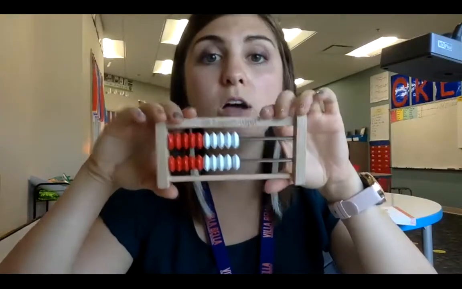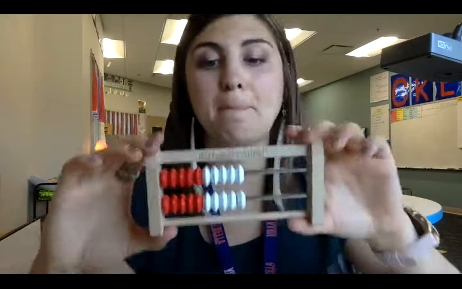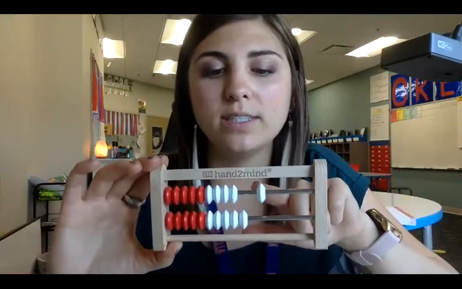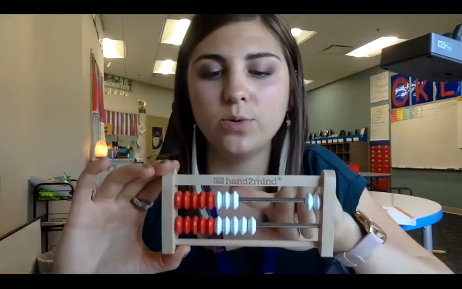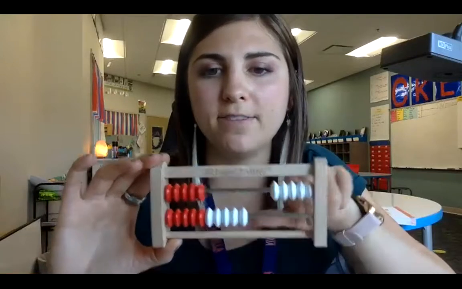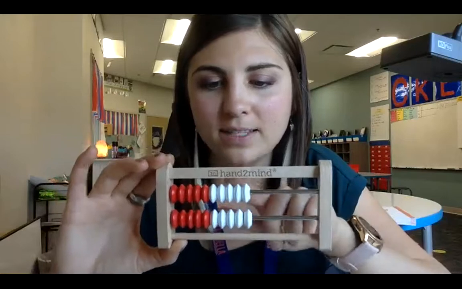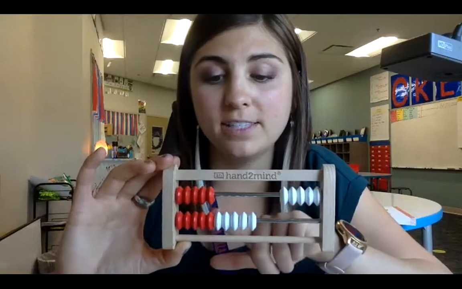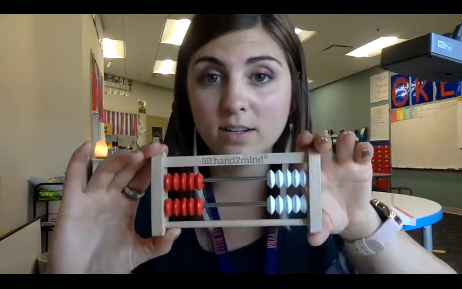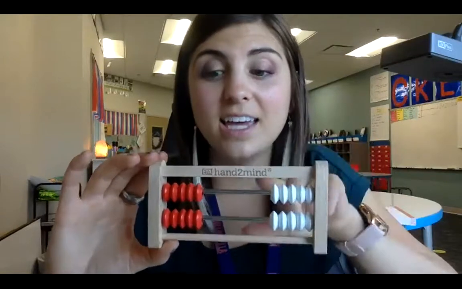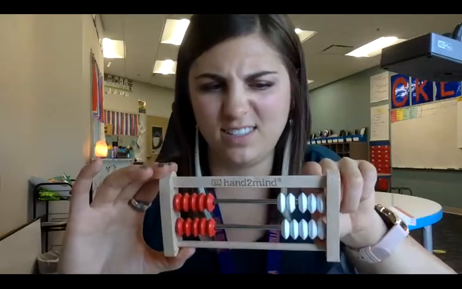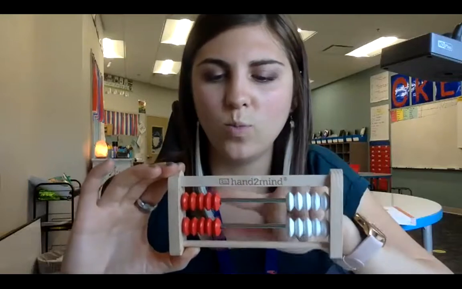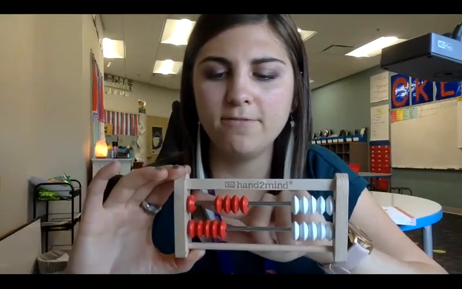Yeah. How many beads are there all together? Let's count. Using computational fluency, I'm going to count a little bit quicker. But let's count by ones first. 1, 2, 3, 4, 5. It looks like the same amount of beads is on the top that is on the bottom. So if I know this is 5, this is 5 more. 5 plus 5 is what? 10. Let's just double check. 1, 2, 3, 4, 5.